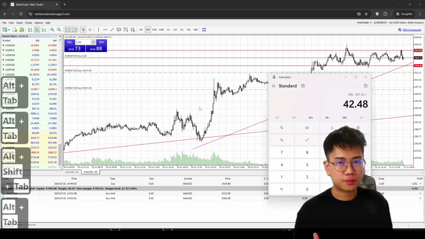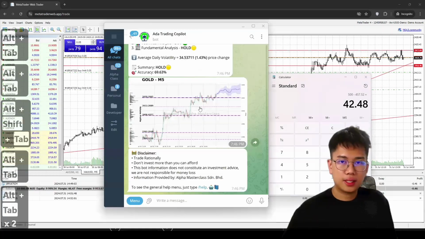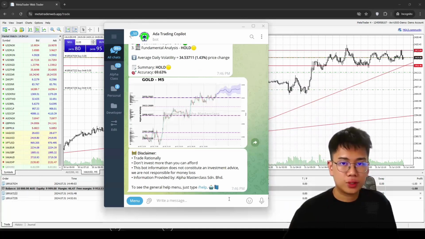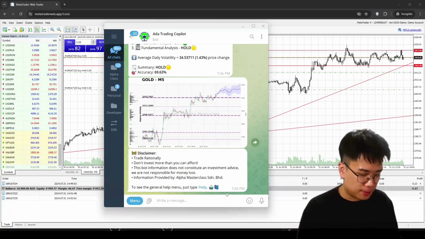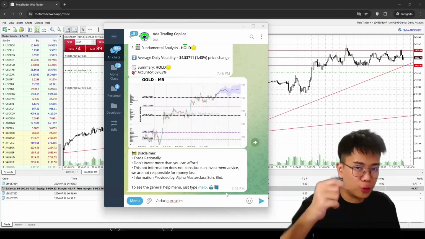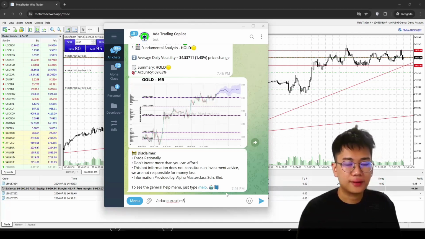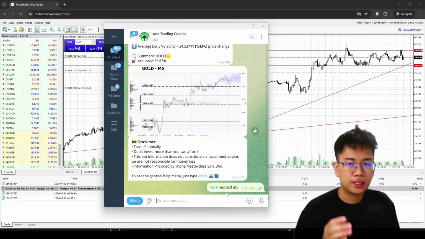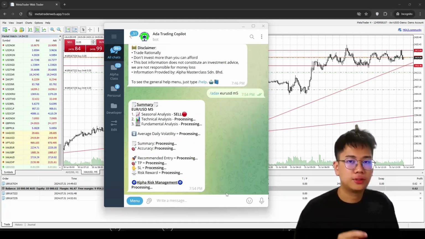So over here, we do it again for Euro USD. What you do is type /ADA X Euro USD. I want to do it for short term, for today only, M5. /ADA X Euro USD M5.